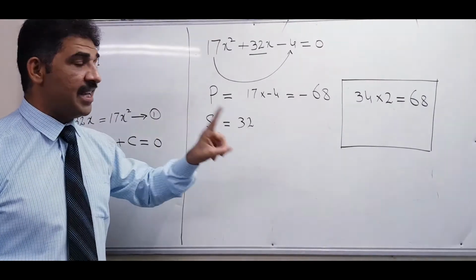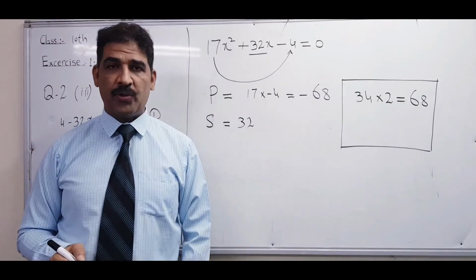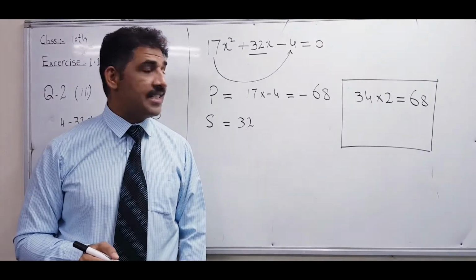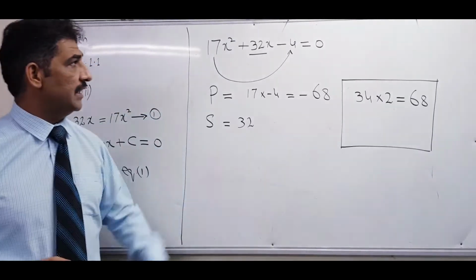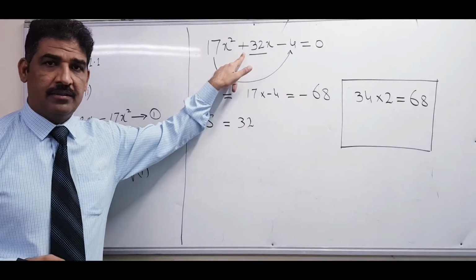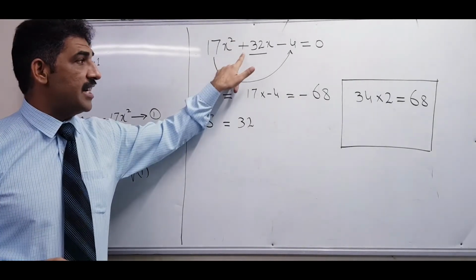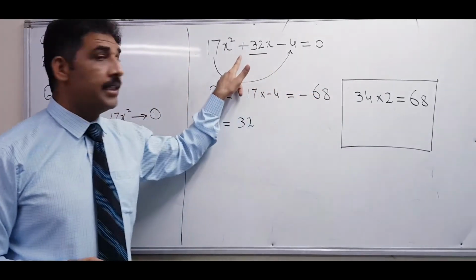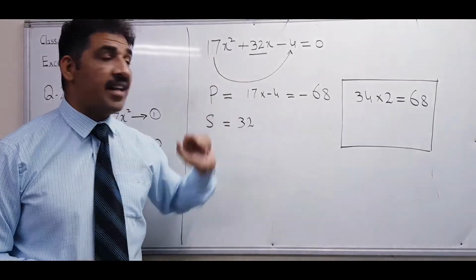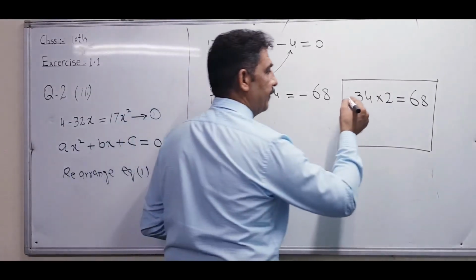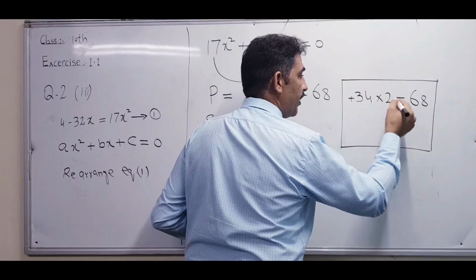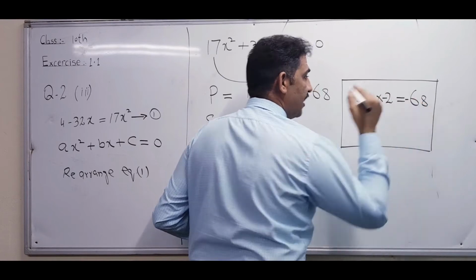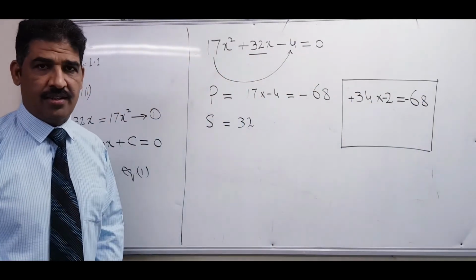So one term is negative and one term is positive. Which term should be negative and which positive? Let's see the sign here. Plus. If the plus sign is here, the greater number has a positive sign and the smaller number has the negative sign. Like plus 34 multiplied by minus 2, plus times minus gives minus, so we get the answer minus 68.